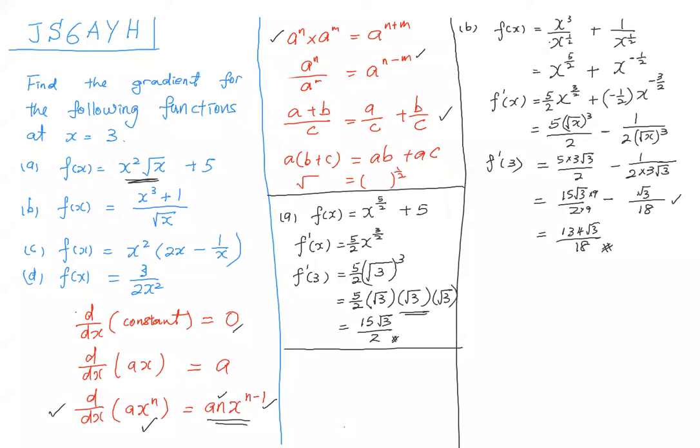Are you okay? So you not only must know how to differentiate, you also must know how to simplify as well. Okay, how to do C? How to do C?